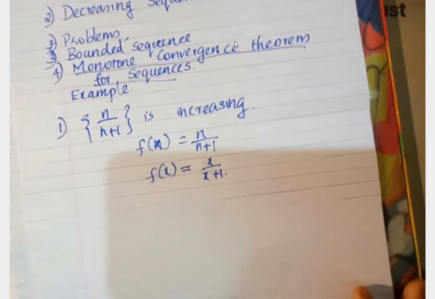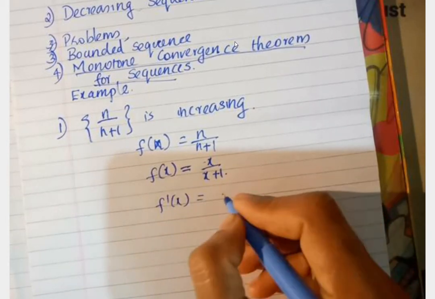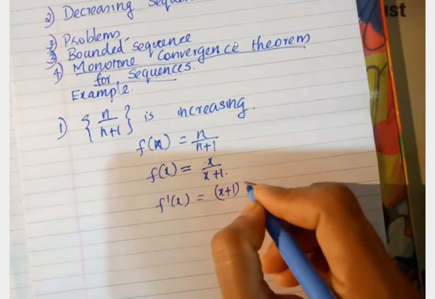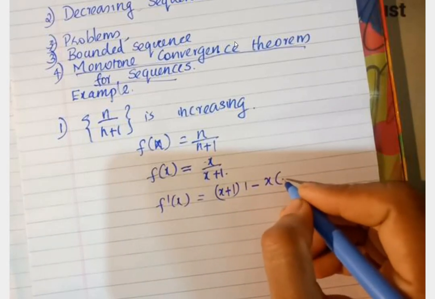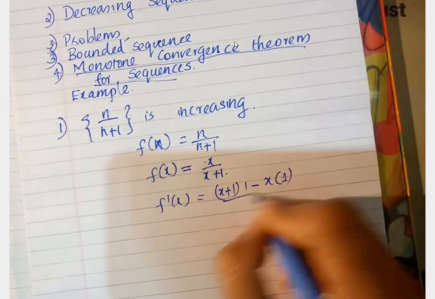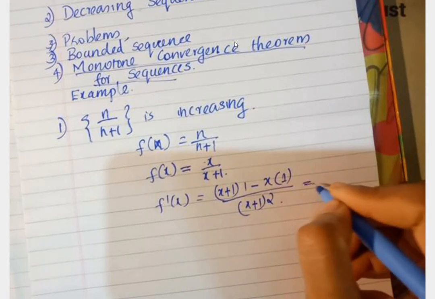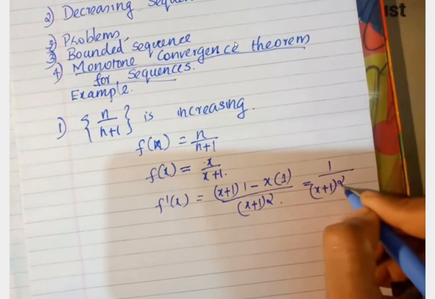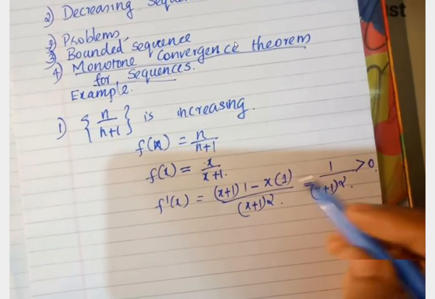So next I like to take f dash x, that's equal to x plus 1 into derivative of x, 1, minus x into derivative of this, is 1 divided by x plus 1 whole square, which is equal to 1 divided by x plus 1 whole square, which is always greater than 0.